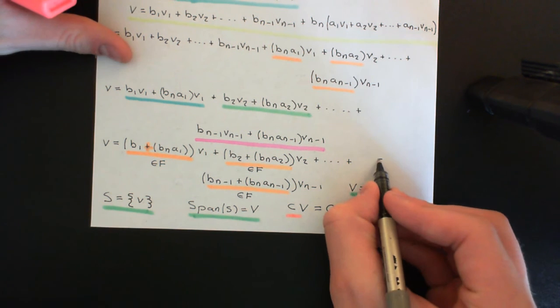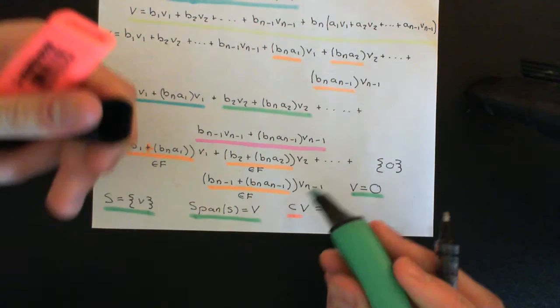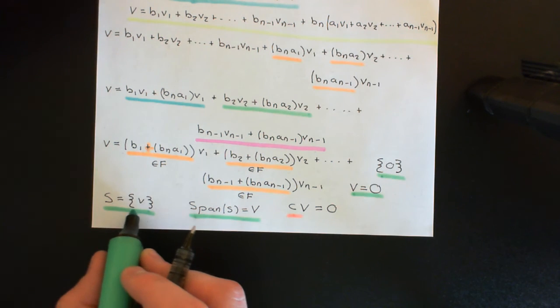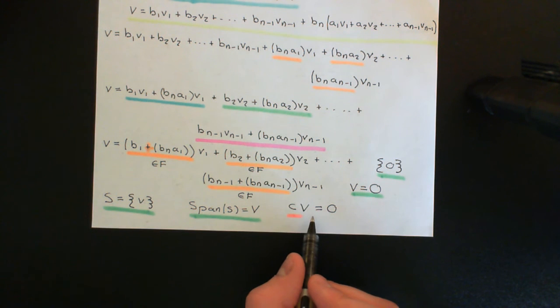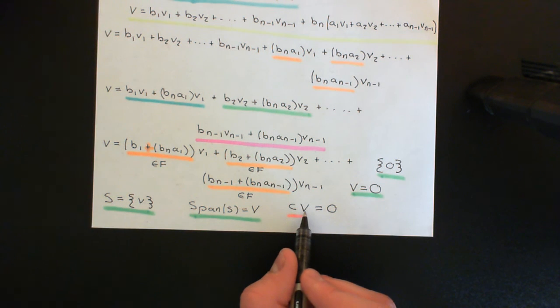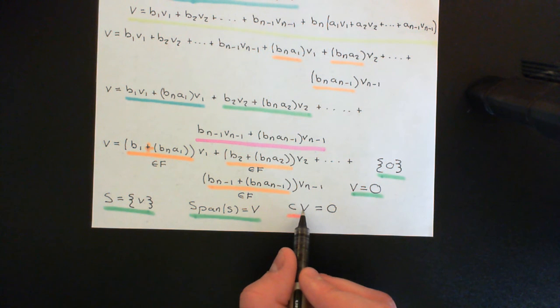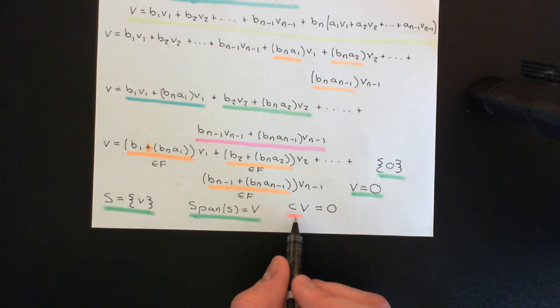So the set that contains just the zero vector is not linearly independent. But all the other sets containing just a single vector, where this vector is not the zero vector, will be linearly independent, because the only scalar multiple of that non-zero vector that will give you the zero vector will be the case where this scalar has to be 0.